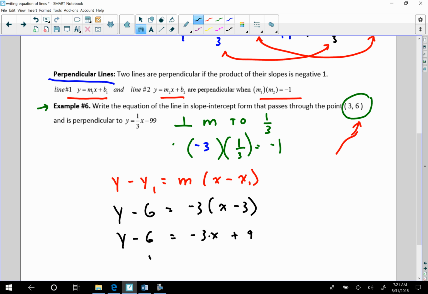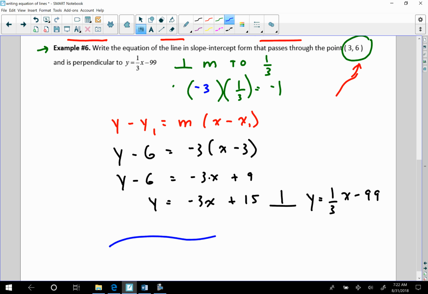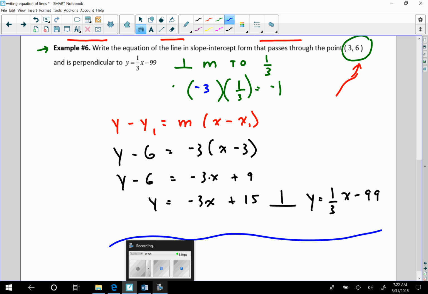Add 6. And what do I have? I have this line right here, which is perpendicular to this line. And I think that's a really good review of some basic writing equations of lines from Algebra 1.